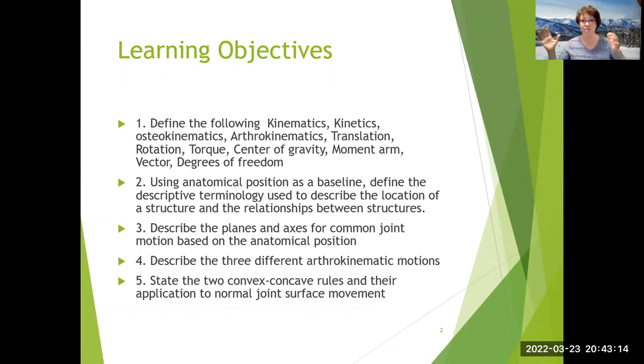So hopefully you got to try some of those motions in your own body and get the idea of that. Describing the planes and axes for common joint motion based on anatomical position. Describing three different arthrokinematic motions, which are the joint surface motions, and the convex concave rules that apply to normal joint surface motion.